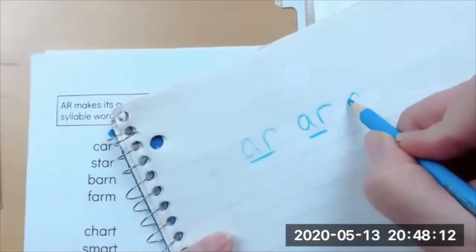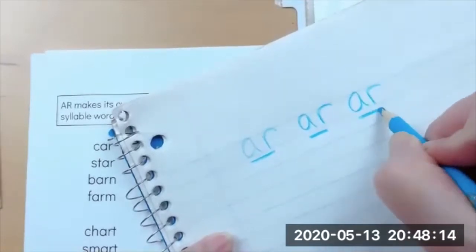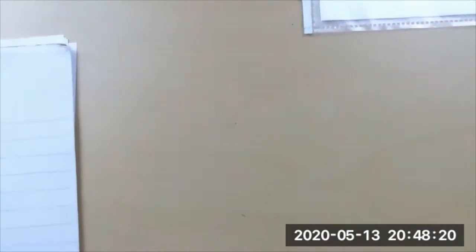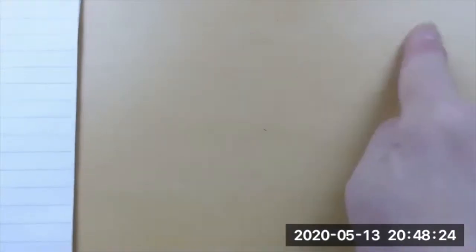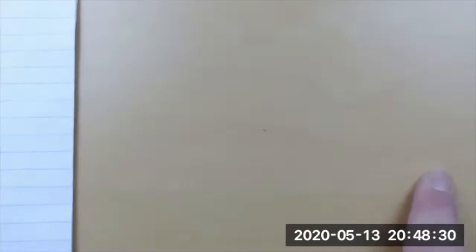A-R-R. Do you want to write it on the table? You can ask the child. A-R-R. And maybe the child wants to air write it too, holding their hand up in the air and making the shape, in the same way that they did on the paper or on the table in front of them.